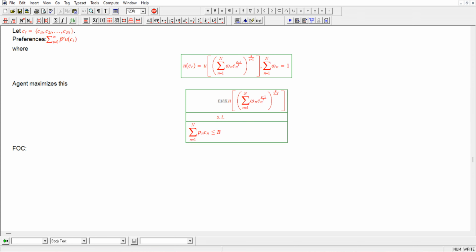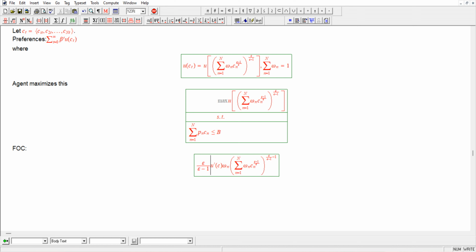So let's take the first order condition of this, and what we're going to end up with is u prime of c times the weight, so this is a first order condition for a particular n, times this whole shebang, where this is to the -1, and of course we have to multiply this out front. And then we have to derive this by one of the n's.